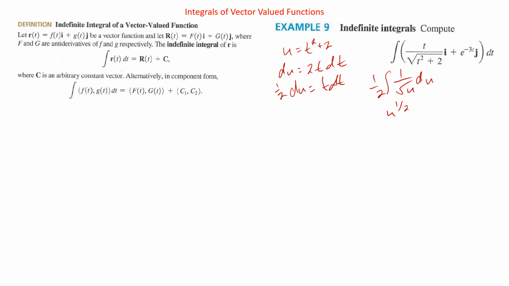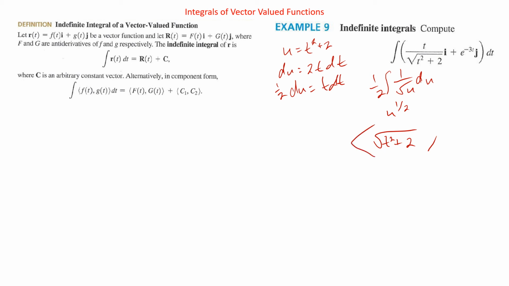So divide by 1/2 is going to be like multiplying by 2. So that gets rid of that 1/2 in the front even. So we have u to the 1/2, which we can substitute back in. U was t squared plus 2. So this will be the root t squared plus 2, comma.